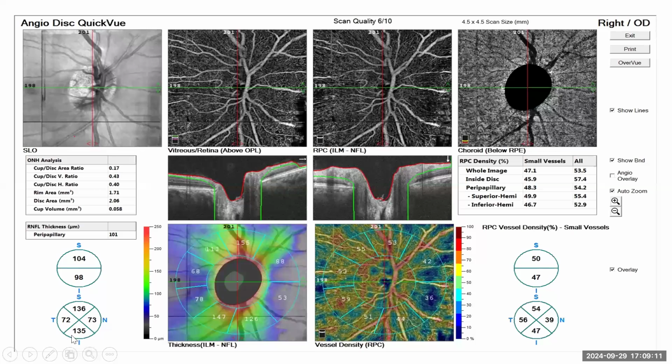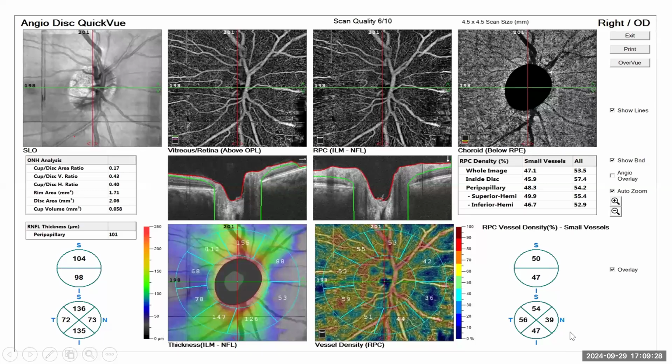Then you see the nerve fiber layer thickness is 135, 136. If we judge by the average in this patient, we'll have an average of 48.3.